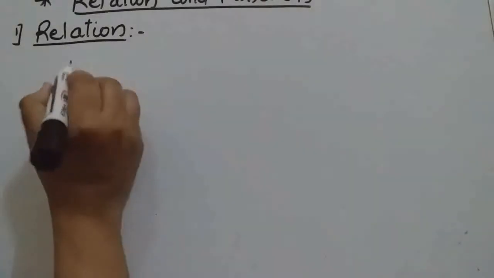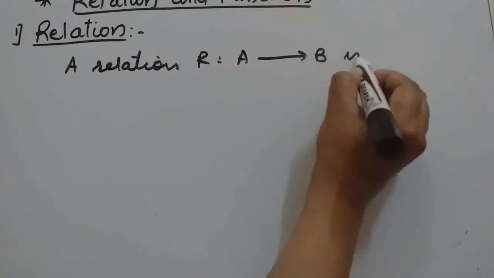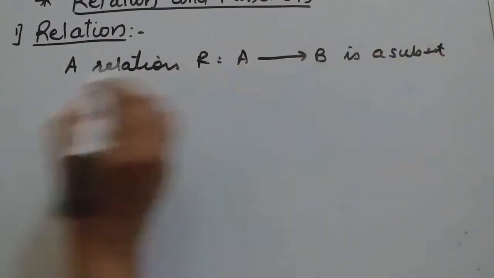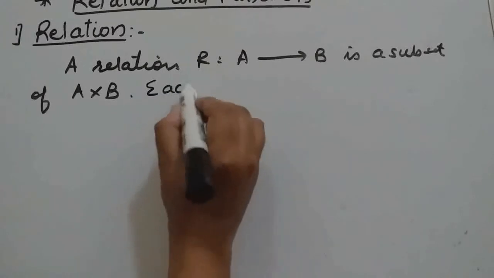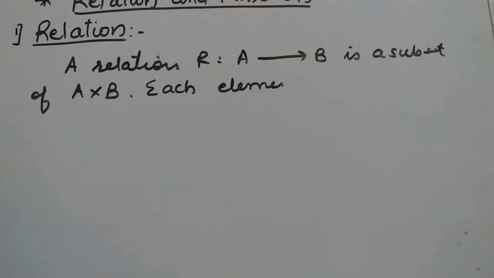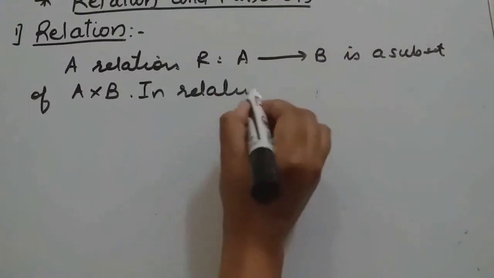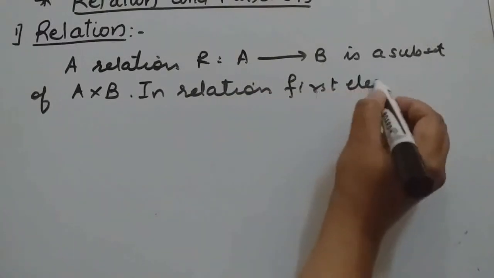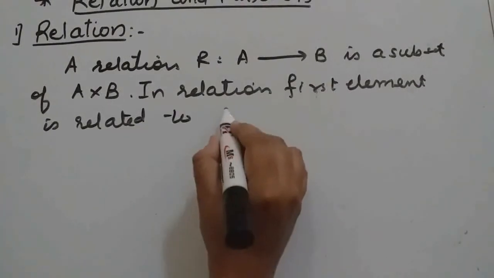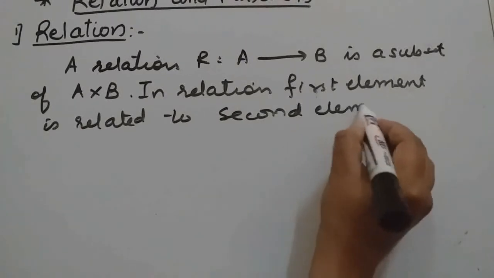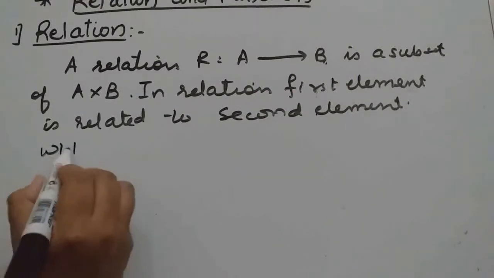A relation R from A to B is a subset of A cross B, and each first element in the relation is related to a second element of B with some relationship.